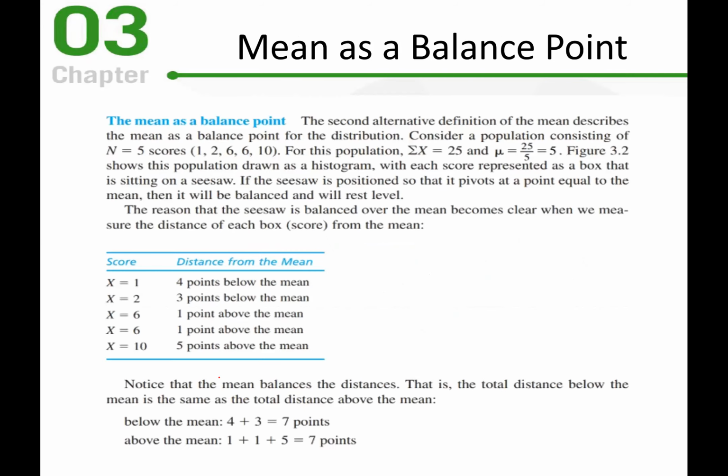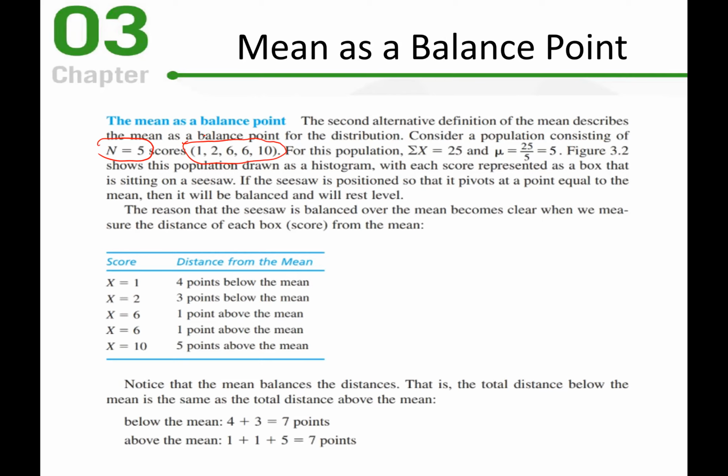All right. So the third definition looks at the mean as a balance point. This alternative definition describes the mean as a balance point. So consider we have a population consisting of 5 scores: 1, 2, 6, 6, and 10.